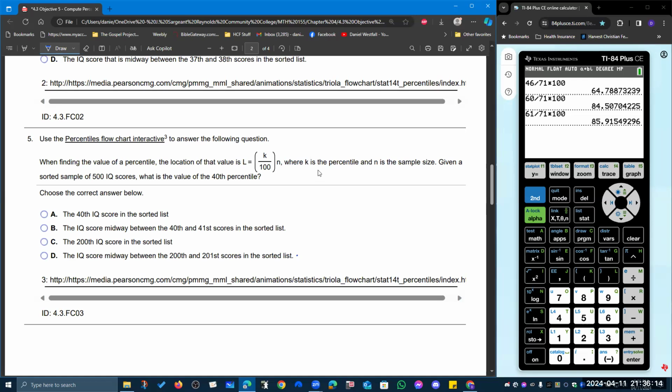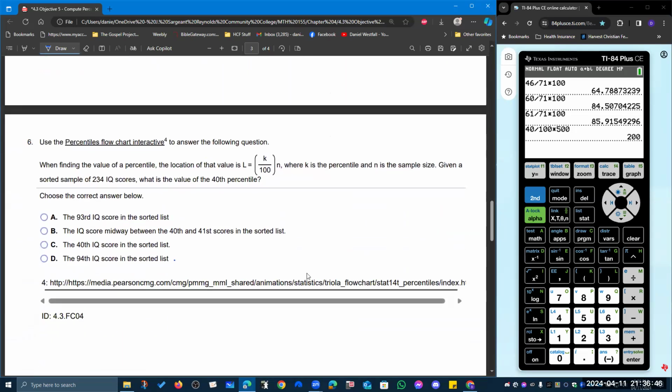So we would take 40 over 100 times 500, and we would get a locator value of 200, and that means that it would be the score that's midway between the 200th and 201st scores in the sorted list.